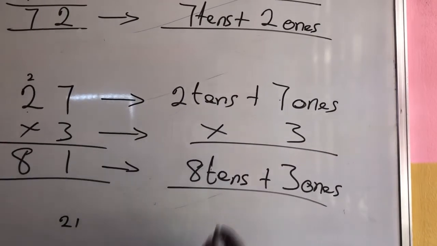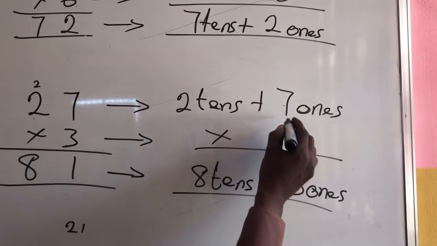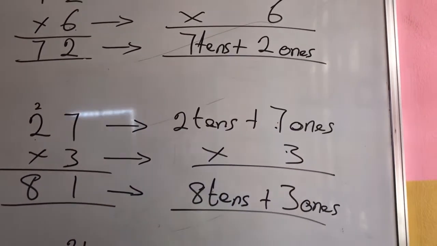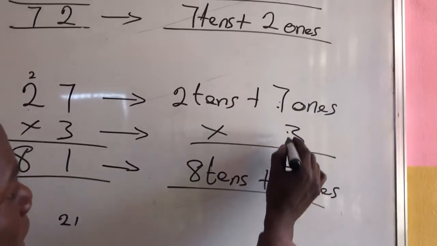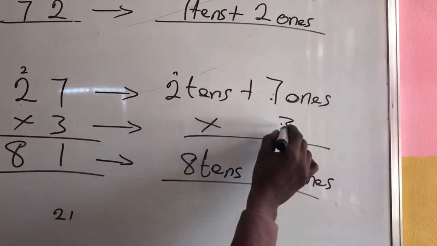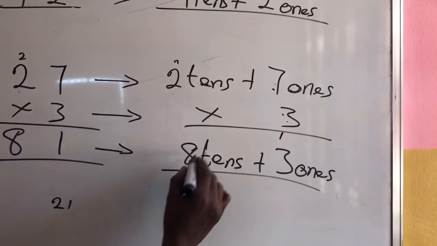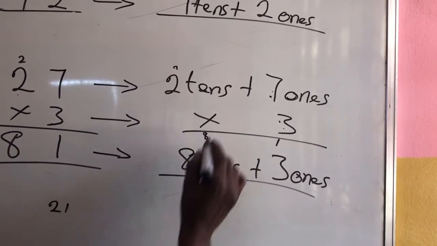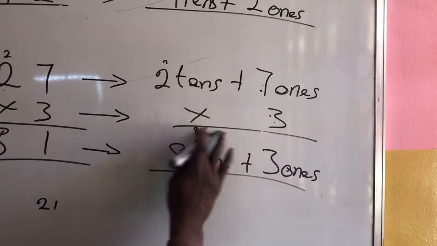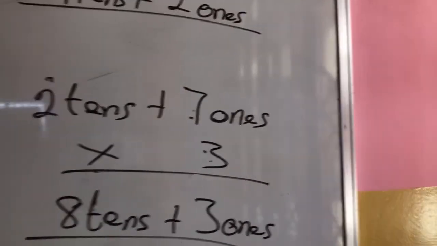You write 1, carry 2. You write a 2 here. 3 times 2 is 6 plus 2 is 8. So you still write 8 here. So it is the same thing as you expand directly like this.